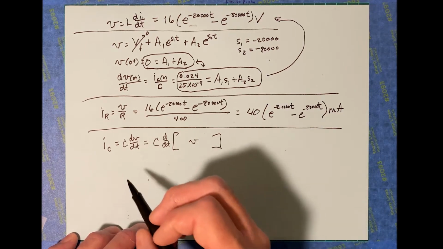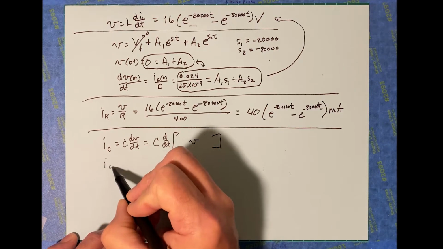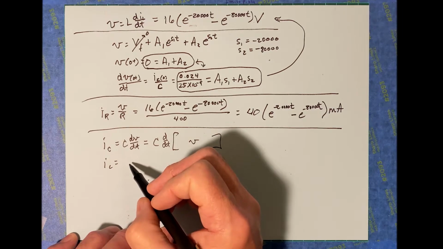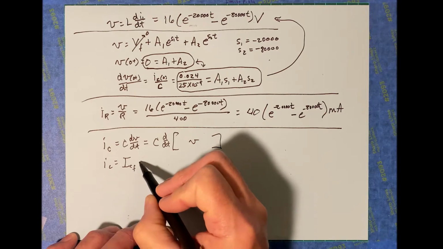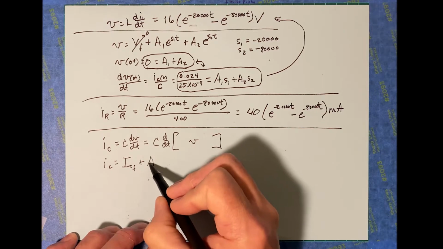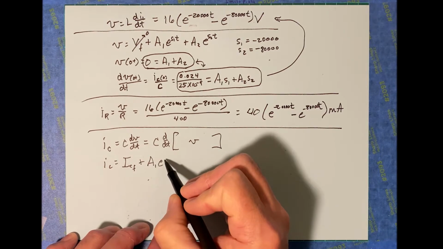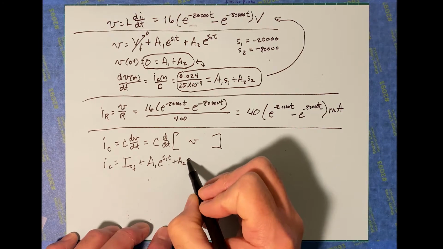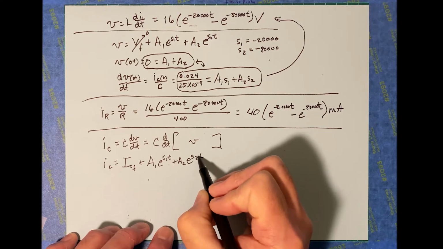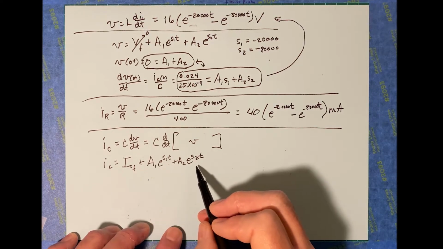Another way to do it would be to say, well, I sub C is going to be of the form I sub C final plus the natural response, A1 e to the S1 t plus A2 e to the S2 t, and that would be the other way that you could go through there.